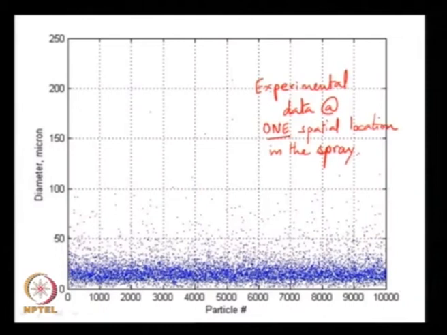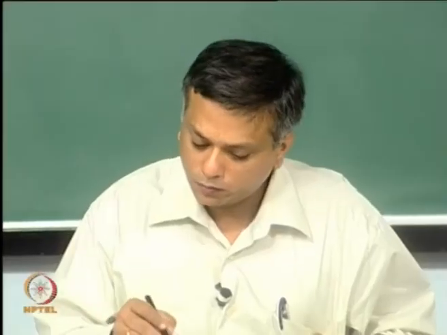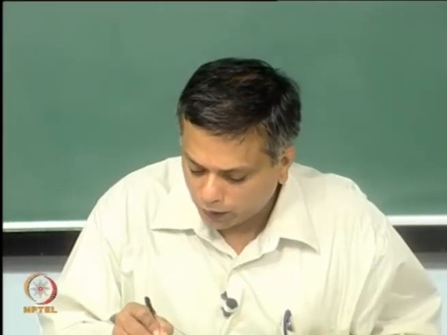This is experimental data at one spatial location in the spray. Now, what we see here, there are about 10,000 dots on this graph, each dot is one drop. So, this was an instrument called the PDPA.